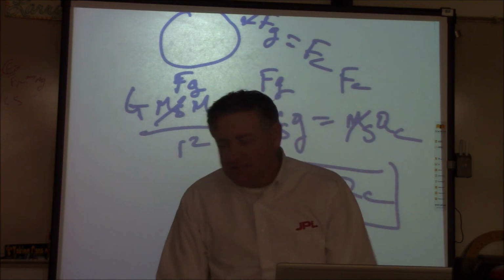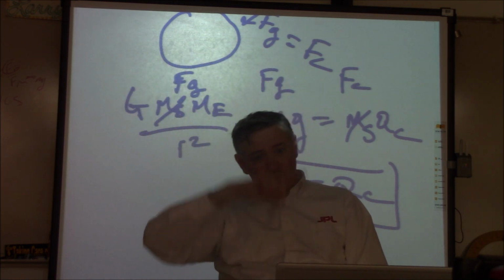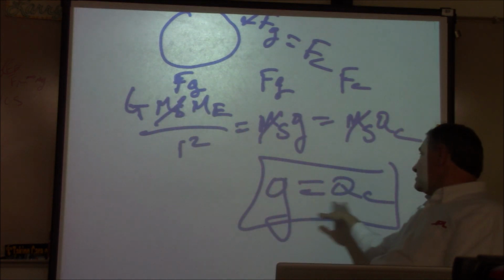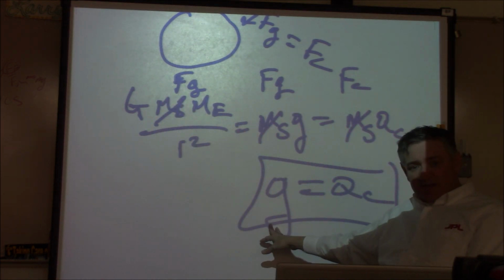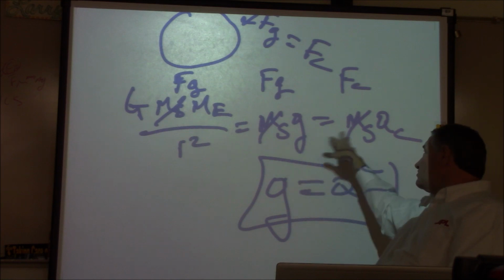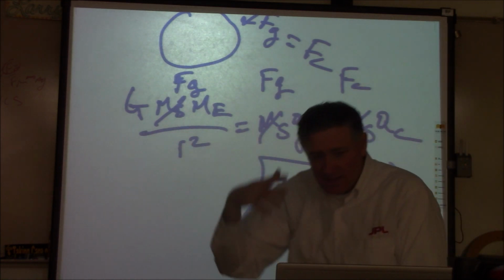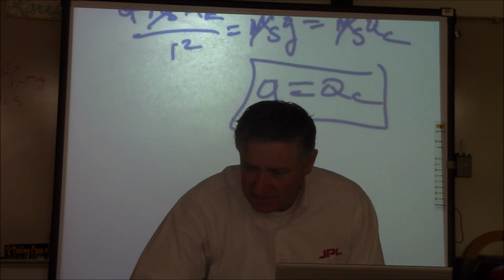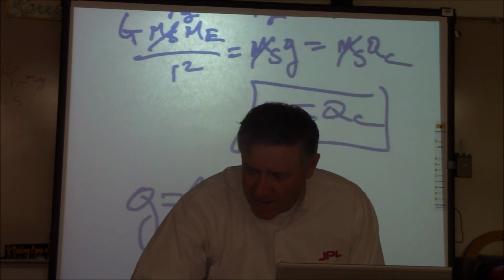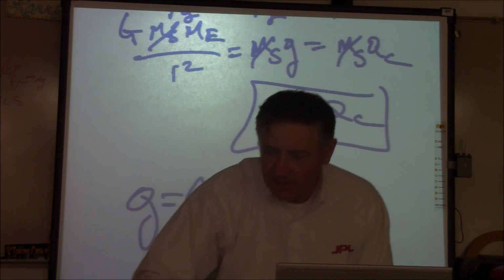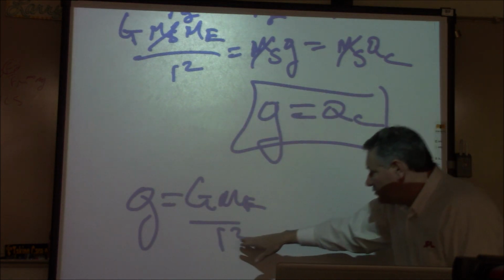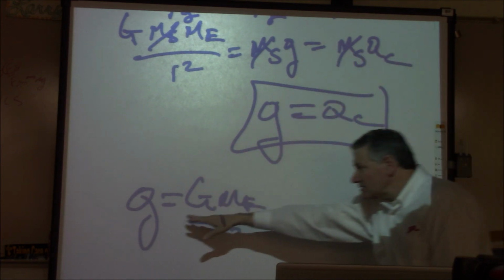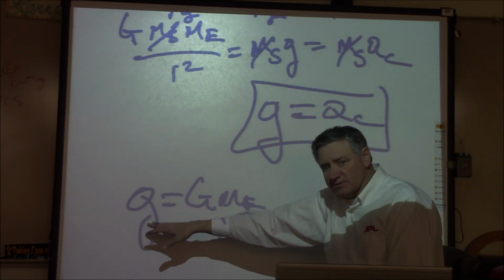So if you could put a satellite in near-Earth orbit, the centripetal acceleration is just going to be 9.8 meters per second squared. But here's what you have to understand: since little g equals big G mass of the Earth over r squared, as you go further and further from the Earth, little g becomes smaller and smaller.